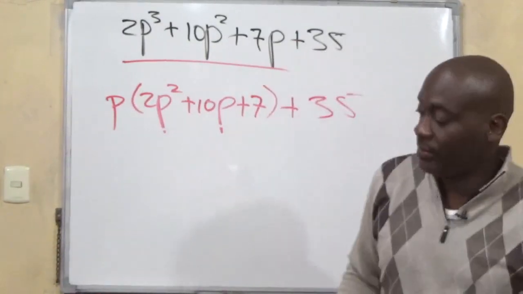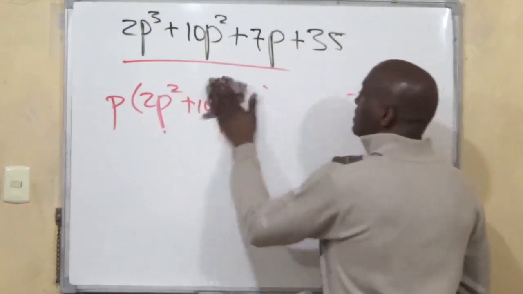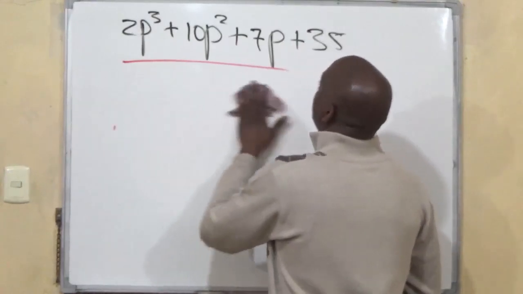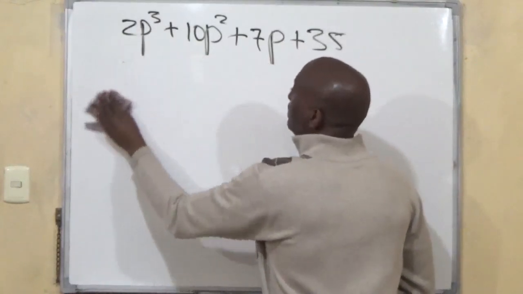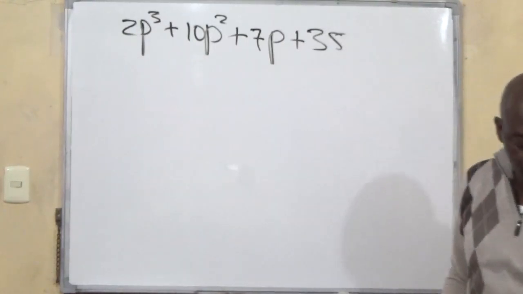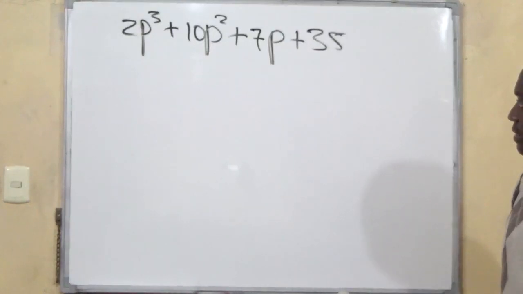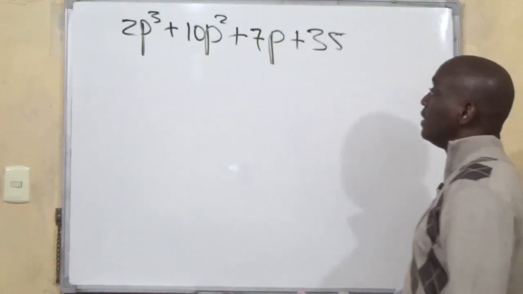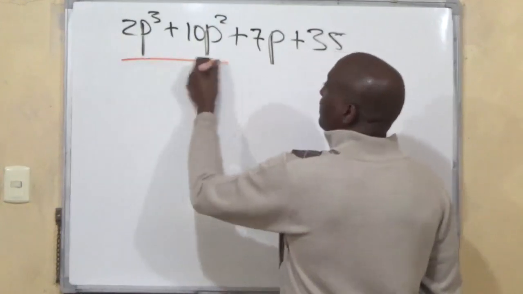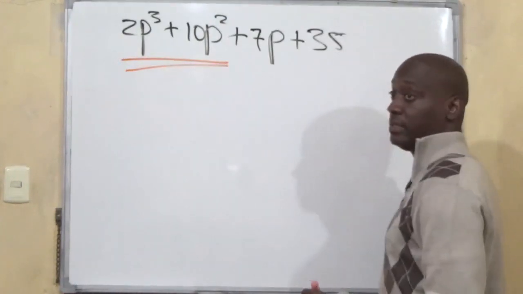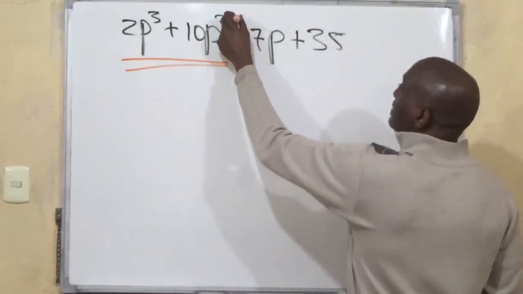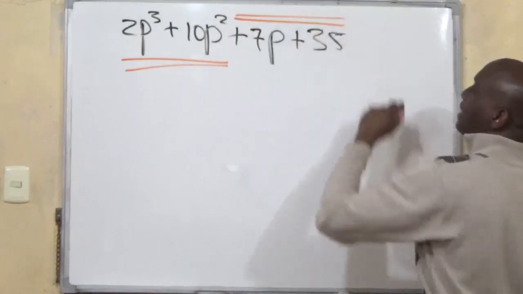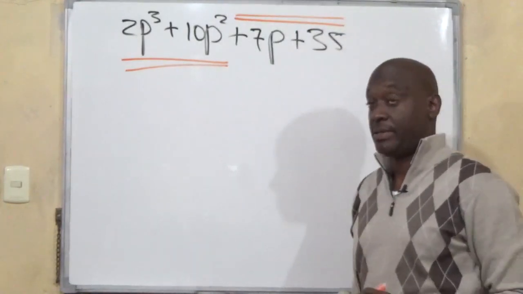So watch how we're going to do this now. Instead of taking the 2p cubed plus 10p squared plus 7p, what you can do, you could take 2p cubed plus 10p squared as one expression, and you could take the 7p plus 35 as another expression.